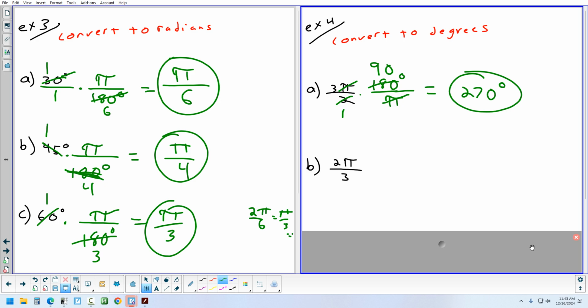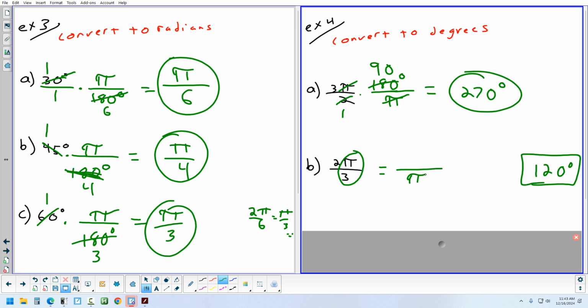All right. Well, this one we could kind of figure out by looking at the work we already have. We know pi over 3 is 60. This is double pi over 3. So it should be 120, but since it's only the second one we've done, let's practice it the same way we did the first one. What goes in the bottom? Pi.